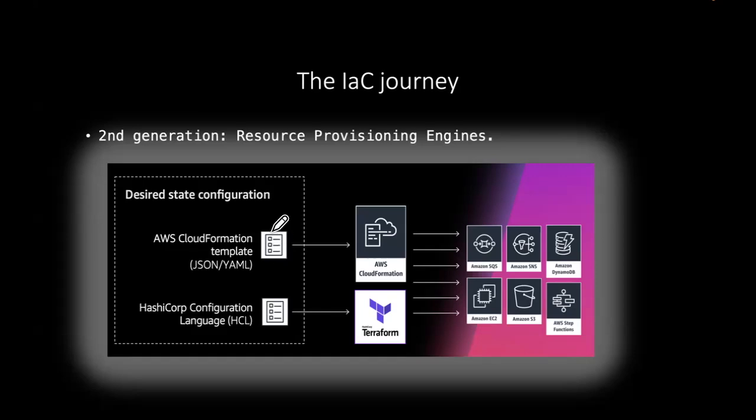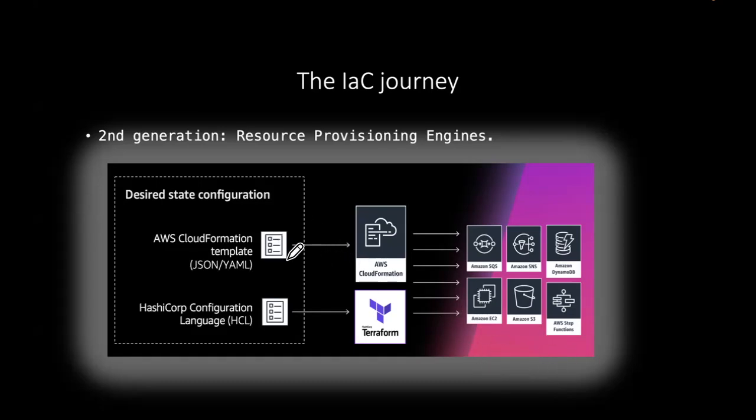If you like, you're describing the end state, and you don't have to worry about things like creating the infrastructure in the correct order or anything like that. Let's use the language that we use in infrastructure as code. In this document, you are describing the state of the infrastructure that you want to have created over here.